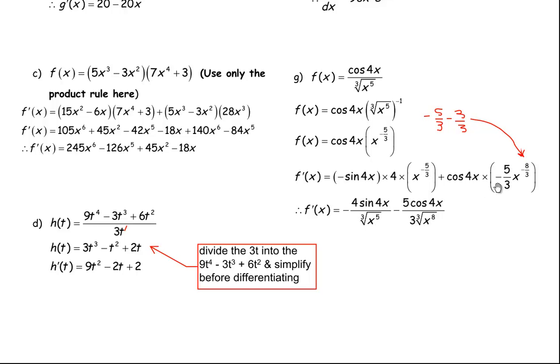And then for this one, negative, now 5 on top, 3 on the bottom, so negative 5 on top, 3 on the bottom, cos 4x on top. And then x to the power of negative 8/3, similar to this one, since the exponent was negative, we'll write it in the bottom. So the 3 means the cube root, so we put a cube root of x to the 8th there. And that's question G.